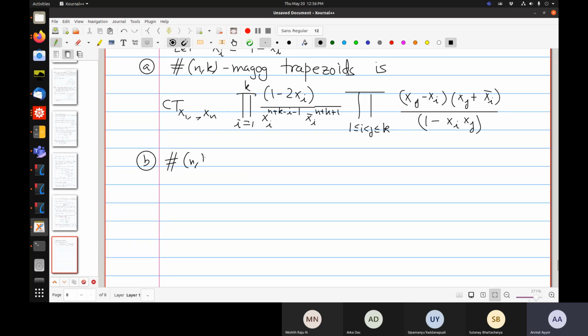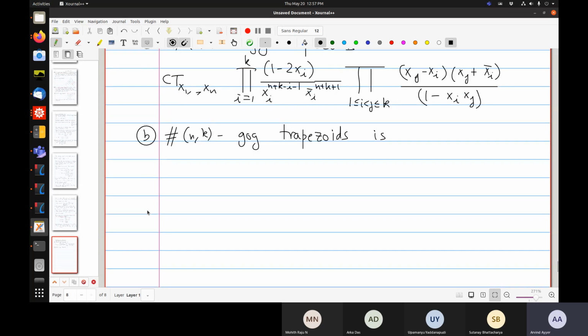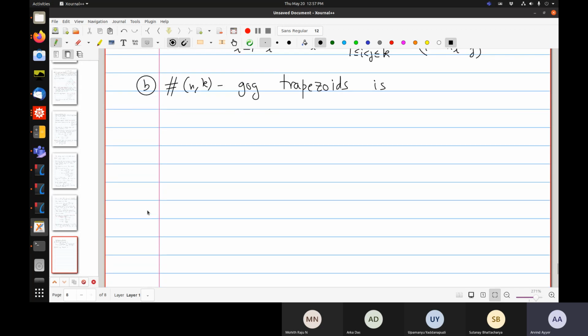If he had managed to show that n,k gog trapezoids are also given by the same constant term identity, then things would have been nice. Unfortunately, it's a very different beast and much more complicated. So let me write it here.